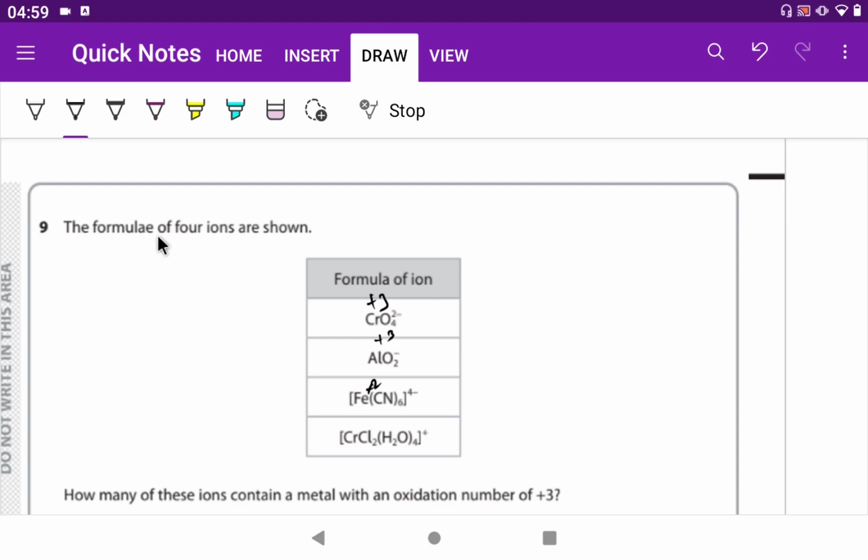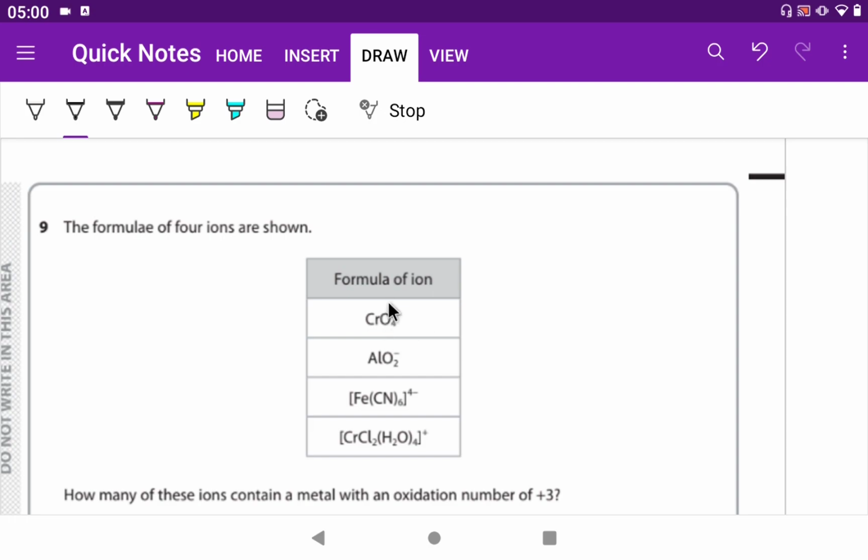Question 9. Formulas of 4 ions are shown. How many of these ions contain a metal with an oxidation number of +3? See, chromium, CrO4 2-.